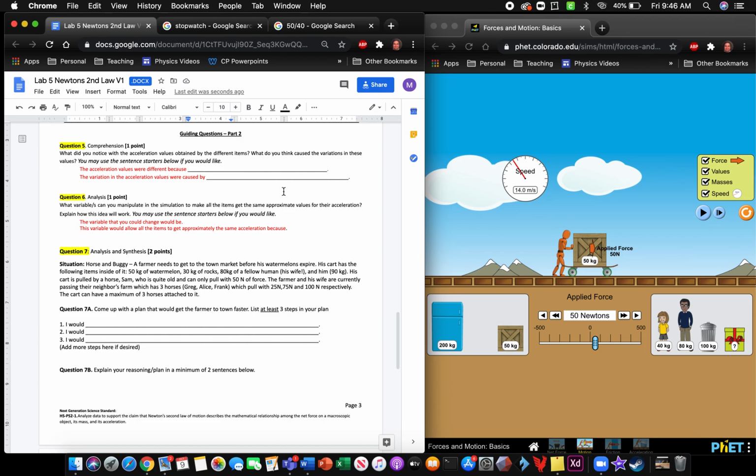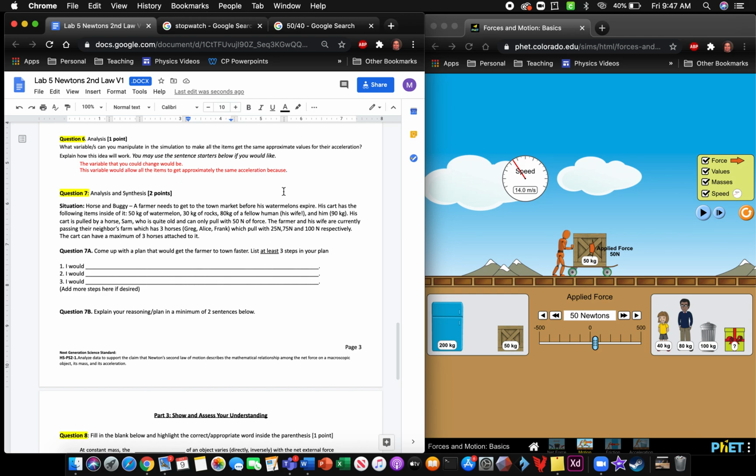And so the variation was caused by the fact that if you keep the force the same and you increase mass, then Newton's second law tells us that acceleration will decrease. Similarly, if you keep the force the same and you decrease the mass, then the acceleration will increase. Okay? All right, next question, question 6.